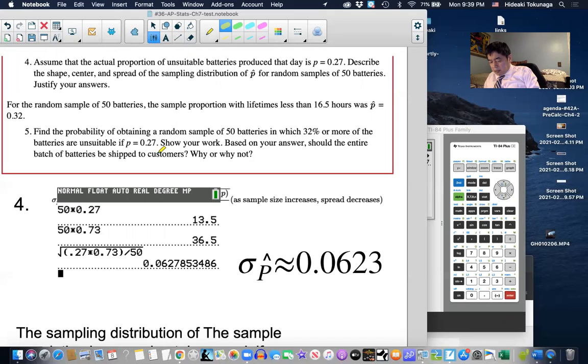It is plausible that the process is working correctly and we got a sample proportion of 0.32 by chance alone. Thus, the entire batch should be shipped to customers. Okay, so that's the model answer.